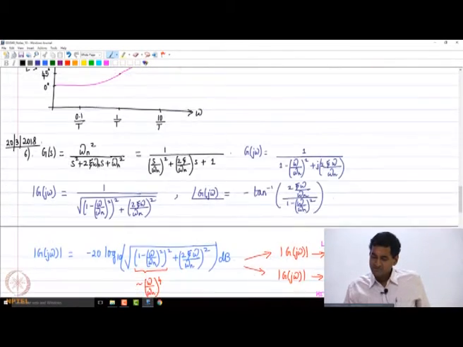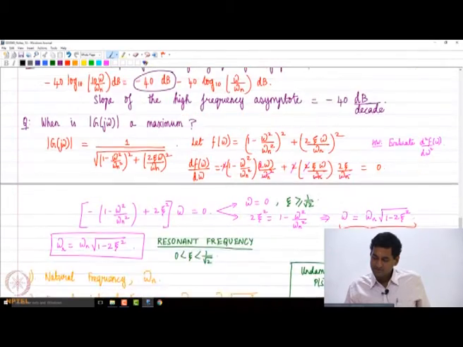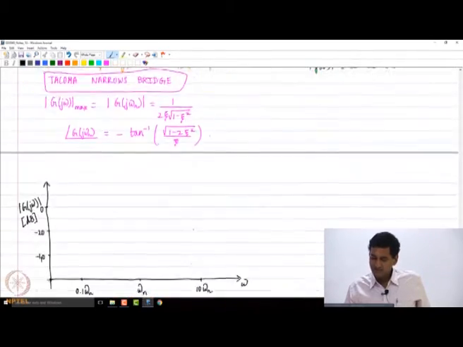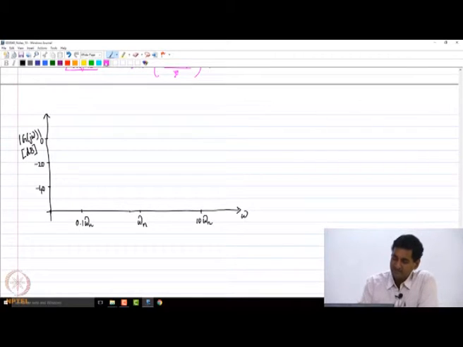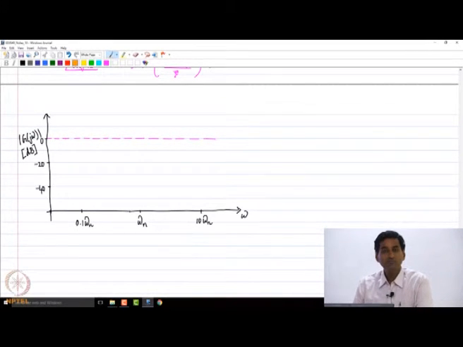Okay, great. So the low frequency asymptote here is going to be the 0 decibel line once again. So this is the pink line as the low frequency asymptote. The high frequency asymptote is going to have a slope of minus 40 decibels per decade, right?